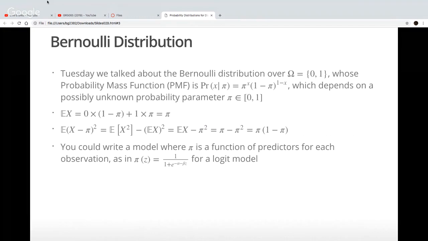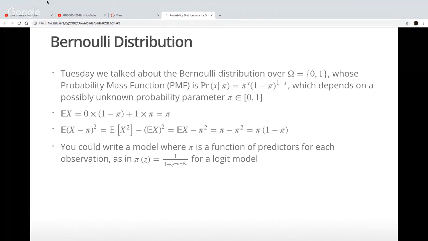And that's particularly easy in this case because the sample space only has two elements, one of which is 0. So we can multiply 0 by the probability of failure, get 0, and multiply 1 by the probability of success and get the probability of success. So we see the expectation of a Bernoulli random variable is pi.